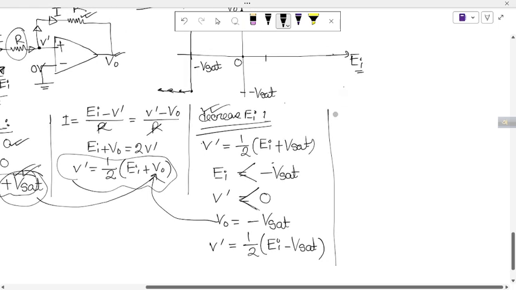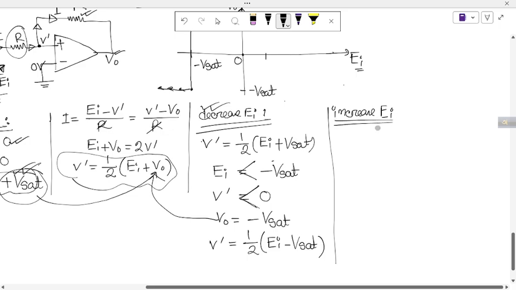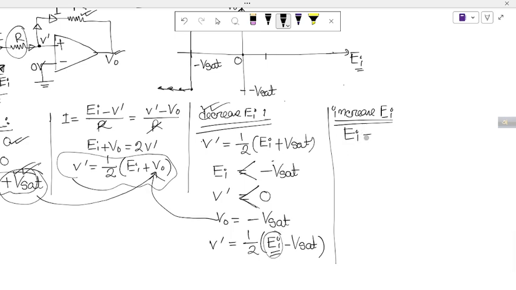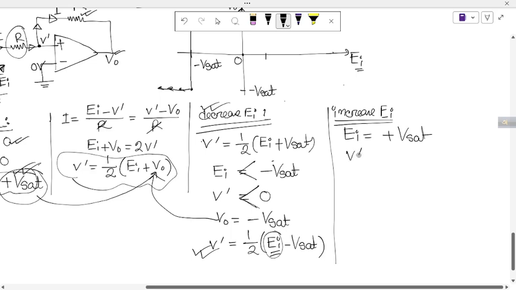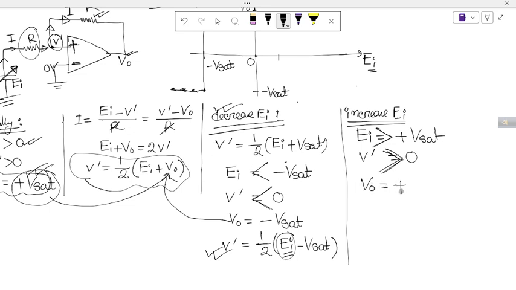Now let's increase EI. When EI is equal to positive Vsat, from this equation you will see that V prime is equal to 0. If I again increase the input voltage, EI will be greater than Vsat, then V prime will be greater than 0. And if V prime is greater than 0, the non-inverting terminal voltage will be greater than the inverting terminal voltage, then the output voltage will be equal to positive Vsat.